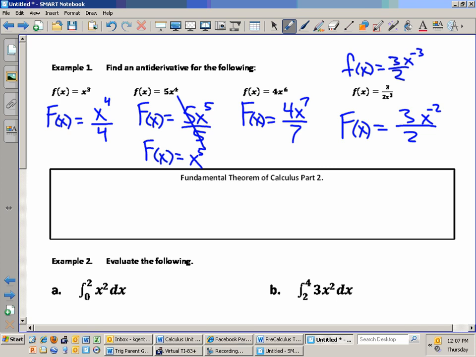My new exponent, which is negative 2. So divide by negative 2. So F of x would then be 3 over negative 4x squared. So you can see there's some that become difficult, but we can work through them.